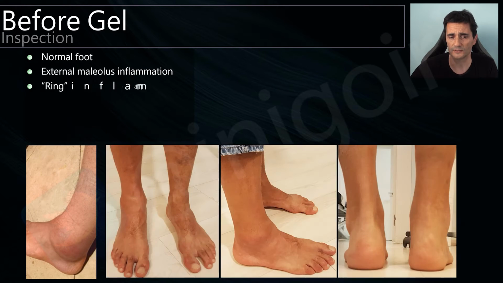But other times you notice this inflammation of the ankle in the lateral malleolus, but in the medial too. I call this the ring inflammation or the tennis ball inflammation. And be careful, because this inflammation is telling us that something happened inside the joint.